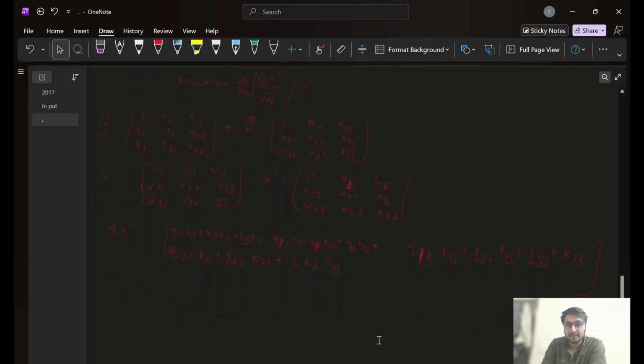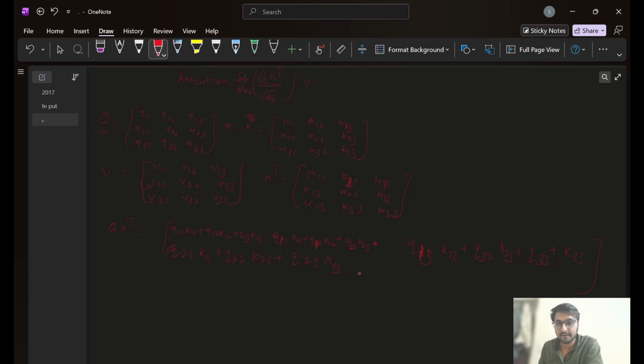This matrix multiplication we can do easily, and now my screen size is a little low, so I can paste the exact matrix multiplication here. Just give me a second.